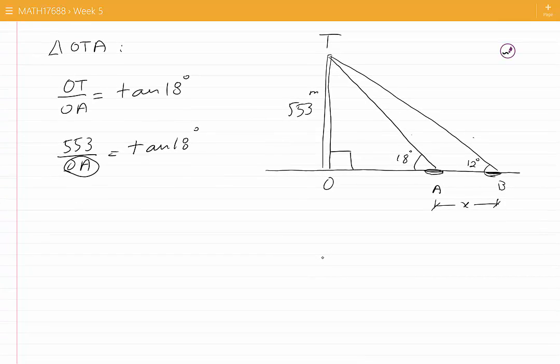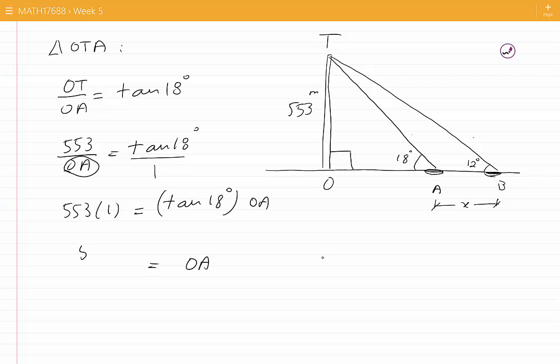I would have, by cross multiplication, 553 times 1 equal to tangent of 18 degrees times OA. And if I divide both sides by tangent of 18 degrees, I would have OA is equal to 553 divided by tangent of 18 degrees.